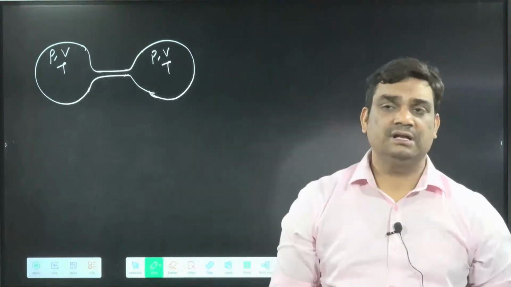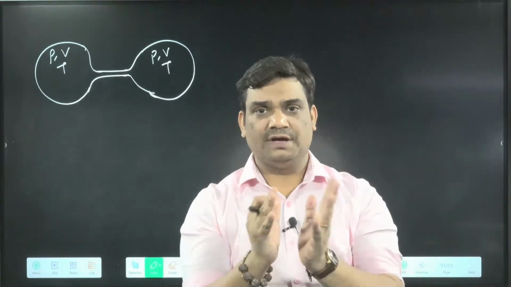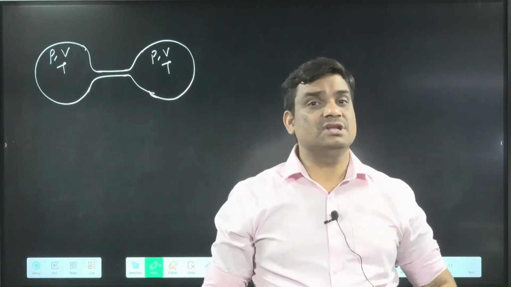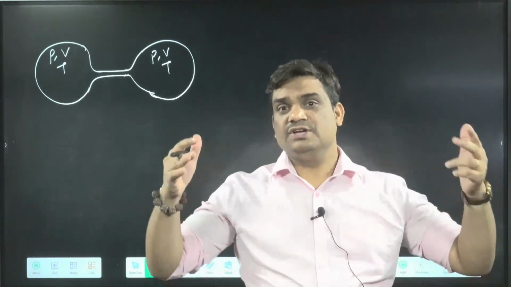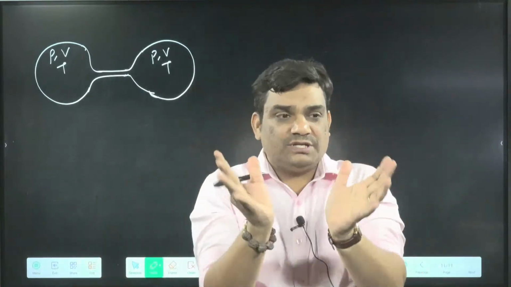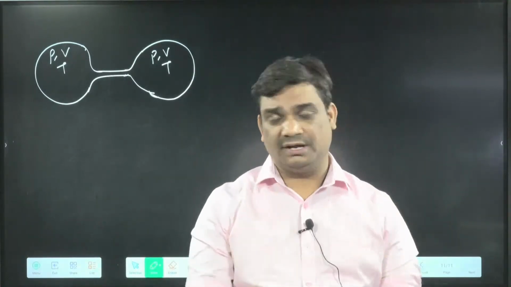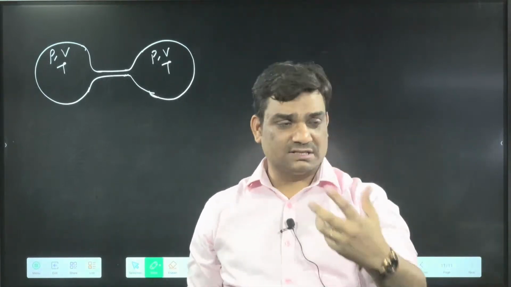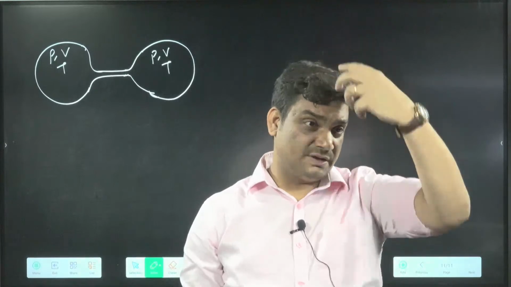So one thing you have to remember: in the mixture, whenever we are joining the containers, which parameter is going to be the same in both containers? They can give the option P, they can give V, they can give T, they can give something else. What parameter is going to be the same all the time?